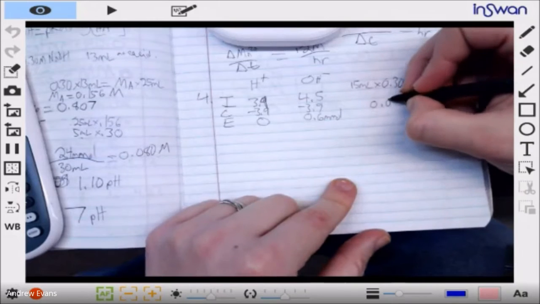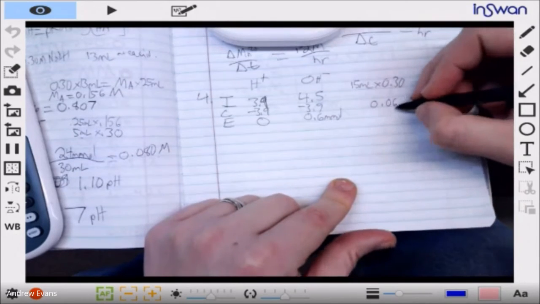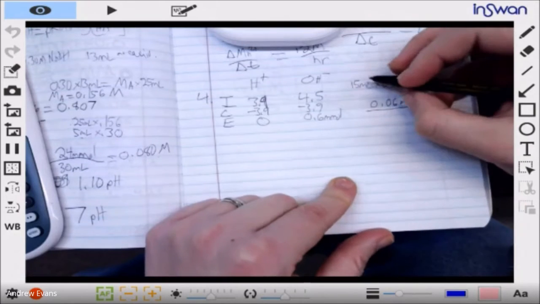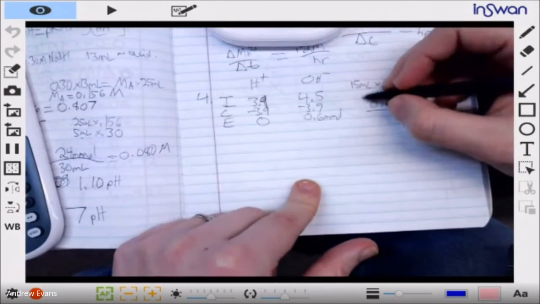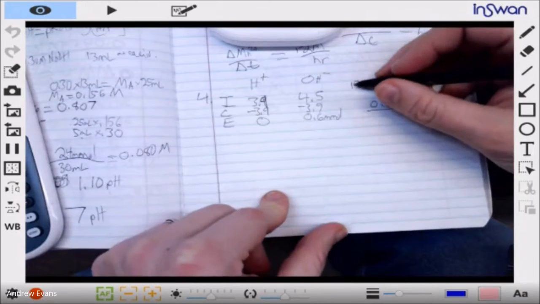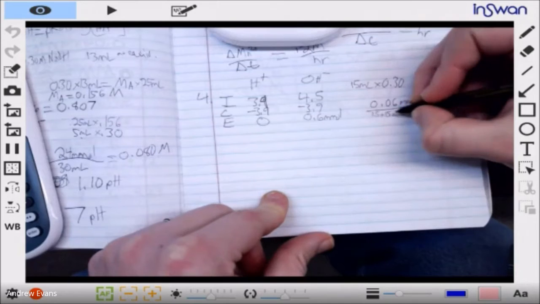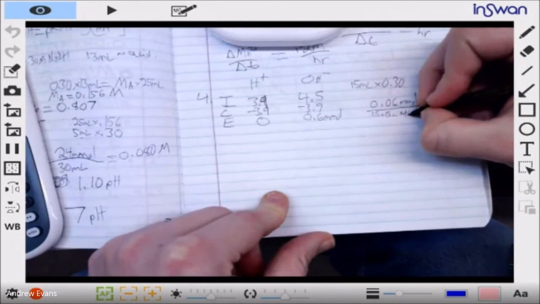Part of the next thing is we have to calculate the molarity. So we had 25 mils of acid and we added 15 mils of base. 25 plus 15 is equal to 40 mils.